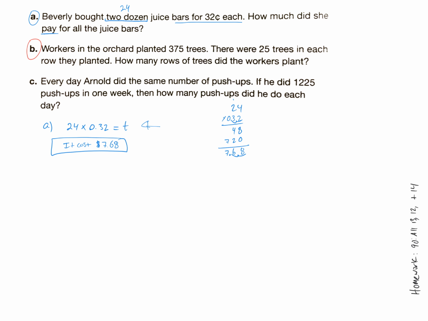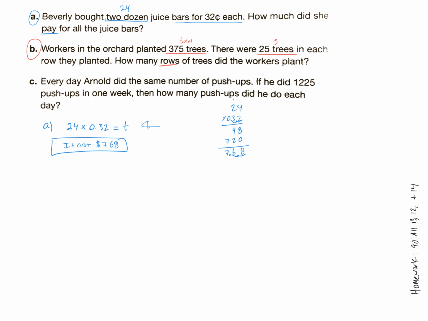Let's look at part B. Workers in the orchard planted 375 trees. There were 25 trees in each row they planted. How many rows of trees did the workers plant? This is a little different because the 375 trees is the total. There were 25 trees in each row, so that's how many were in each group.